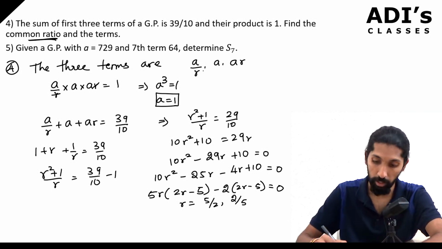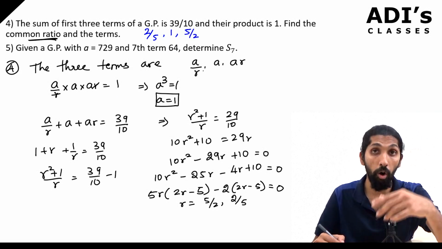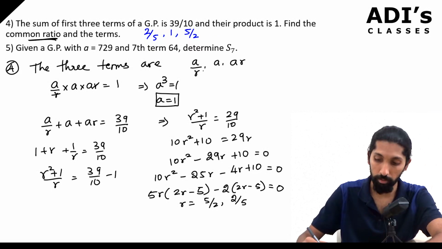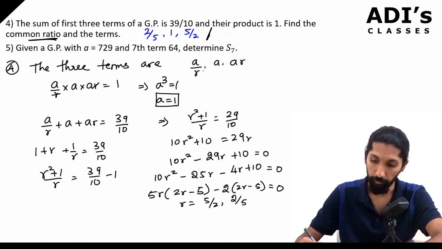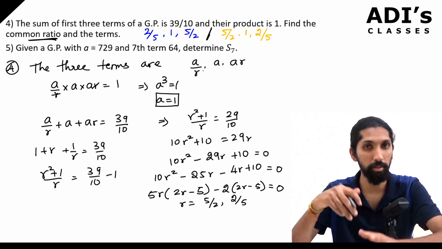So the terms are 2 by 5, 1 and 5 by 2. Or, in reverse order, 5 by 2, 1 and 2 by 5. Same thing in reverse order. That's all, very simple.